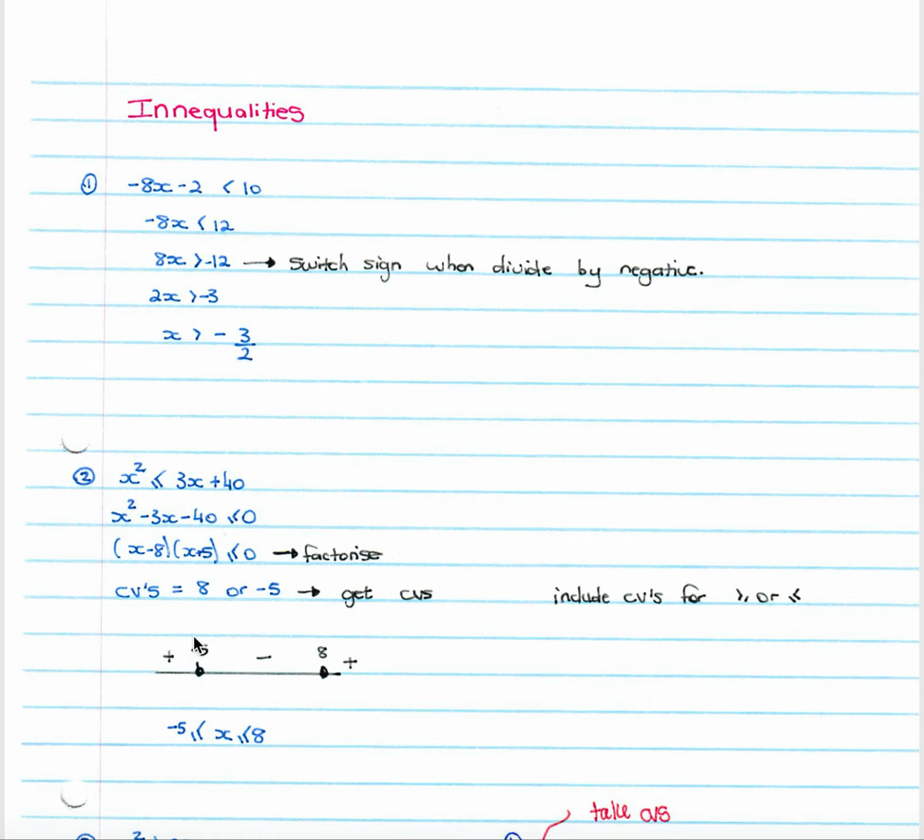If it is equal to, you must include your two CVs because these two values will make the equation 0, which makes it equal to 0, and therefore you must put in your equal to. If it had just been less than 0, you would exclude these values and simply go x greater than negative 5 and x less than 8.